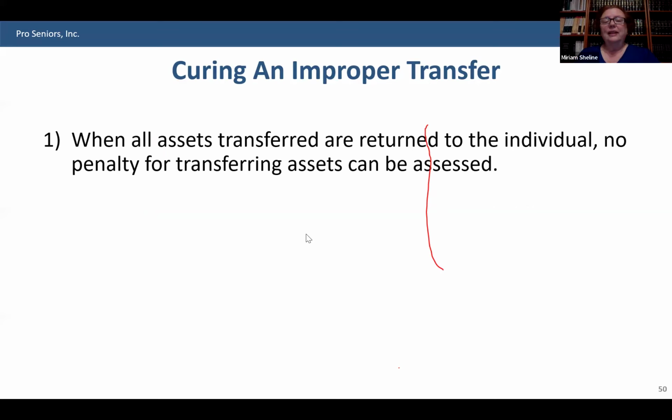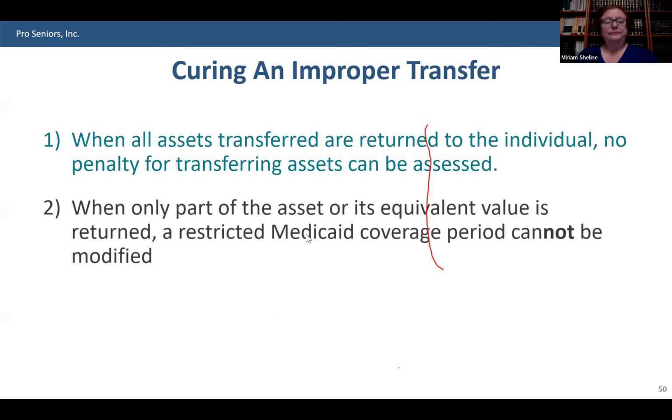So how do you cure it? Can you cure it? The rule provides that when all assets are transferred and returned to the individual, then there will be no penalty. But when only part of the asset or equivalent value is returned, the restricted Medicaid coverage cannot be modified.